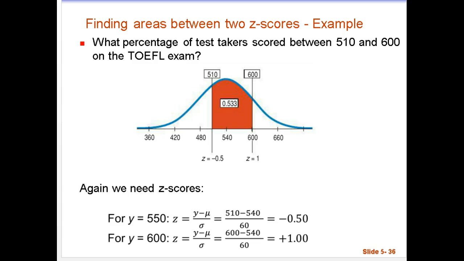Now, to pursue the use of Minitab a little bit more, here's another question involving these TOEFL exams, and in this case we want to know what percentage or what proportion of people who wrote the test scored between 510 and 600.